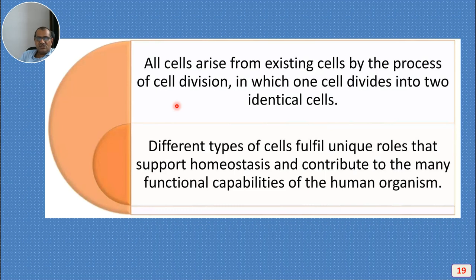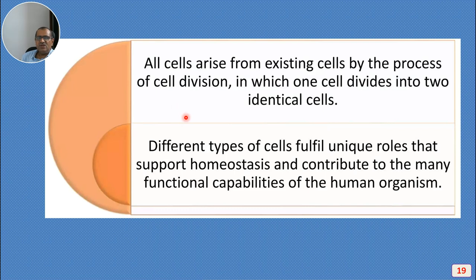Hence, this is very important for the growth and multiplication of an animal into identical cells and the formation of the genetically predetermined structure. Then different types of cells fulfill unique roles that support homeostasis and contribute to the many functional capabilities of the human organism.